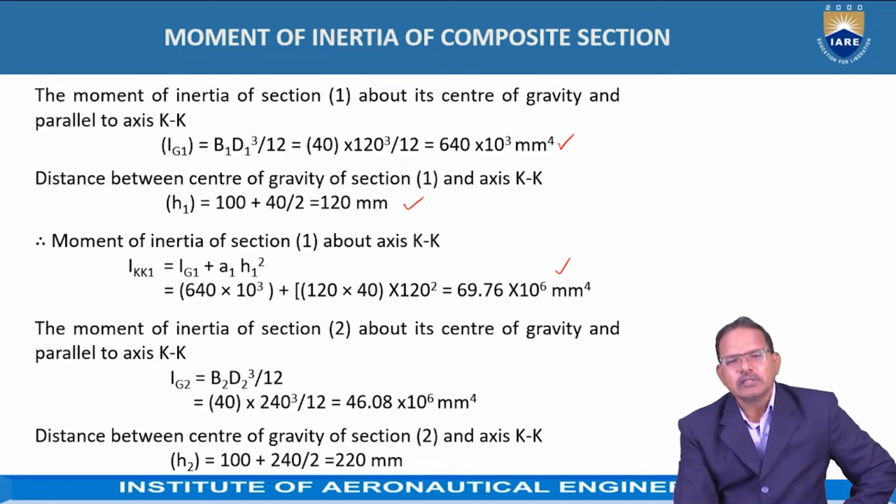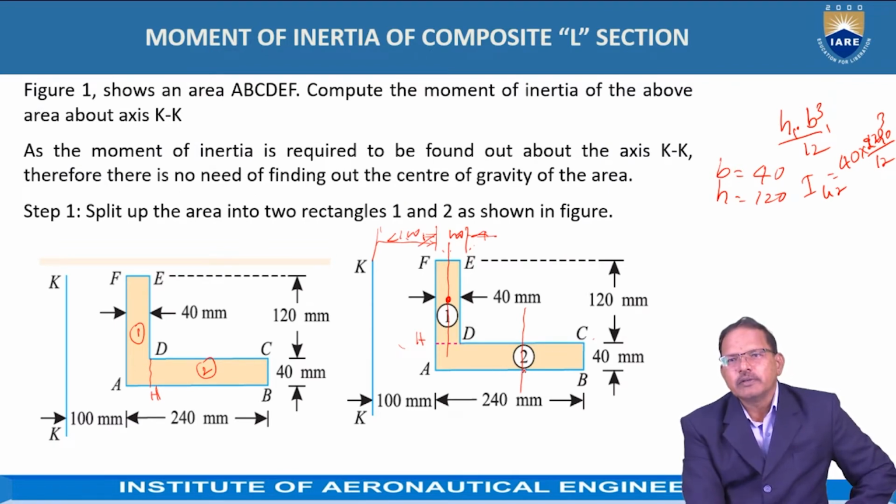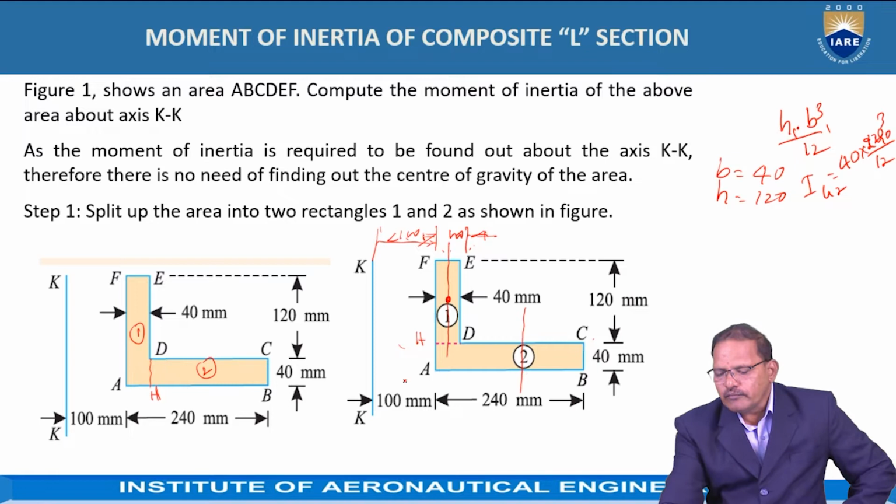Now the moment of inertia of the section 2 about its central gravity axis, parallel to the KK, the second section is there now. Already I told the moment of inertia possessed by section 2 about its central axis, which is parallel to the KK, is equal to how much value? 40 into 240 cube by 12, given.